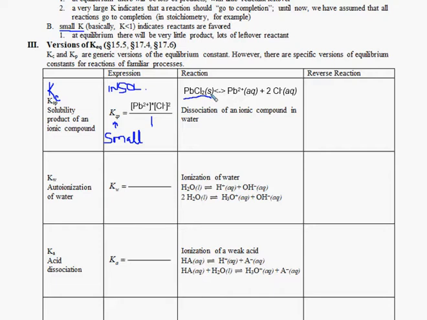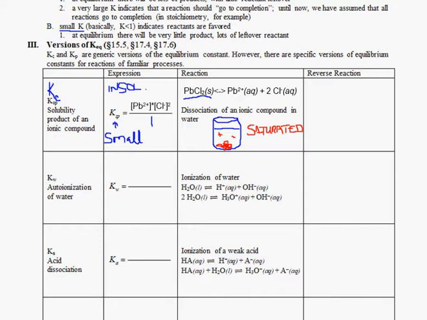And not just that, but we've also reached what's known as saturated, a saturated solution where the maximum amount of ions can be dissolved in that amount of water. So when you've reached a saturated solution, you can then calculate Ksp. But Ksp can also tell you when you're going to reach that saturated solution.